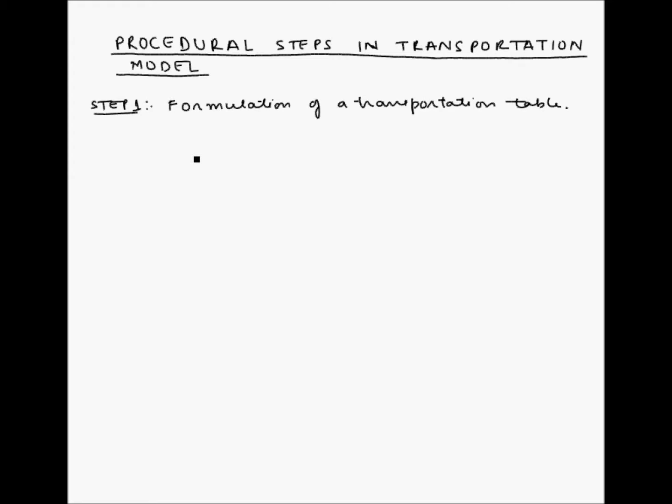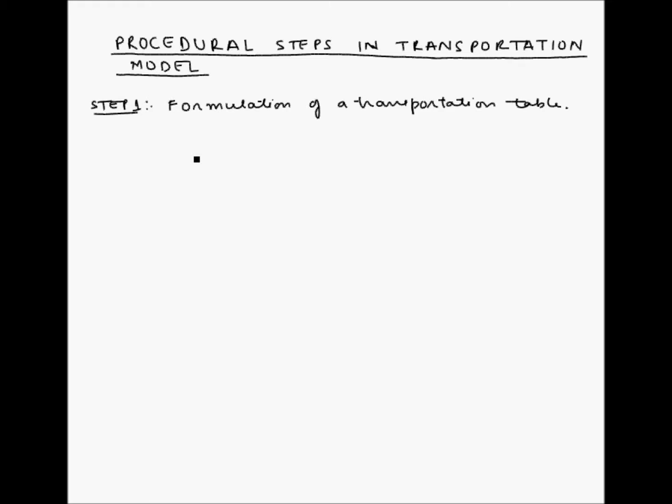So typically in a transportation problem, you'll have some sources of supply like factories or plants. And you'll also have some sources of demand or the destination. And the material needs to move from these sources of supply to the destination which has a demand.